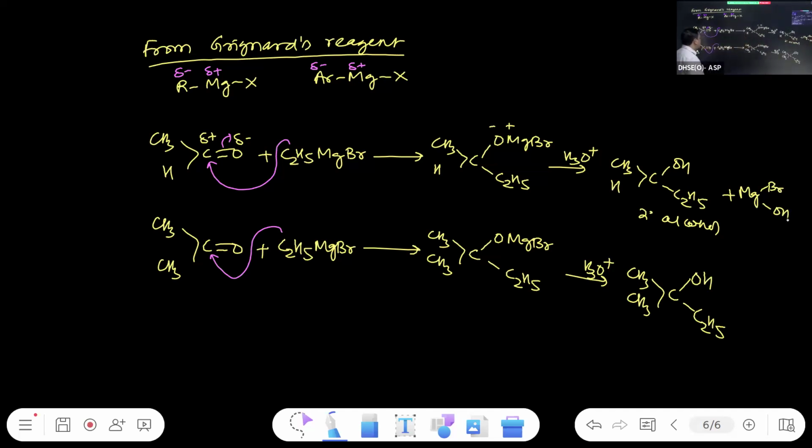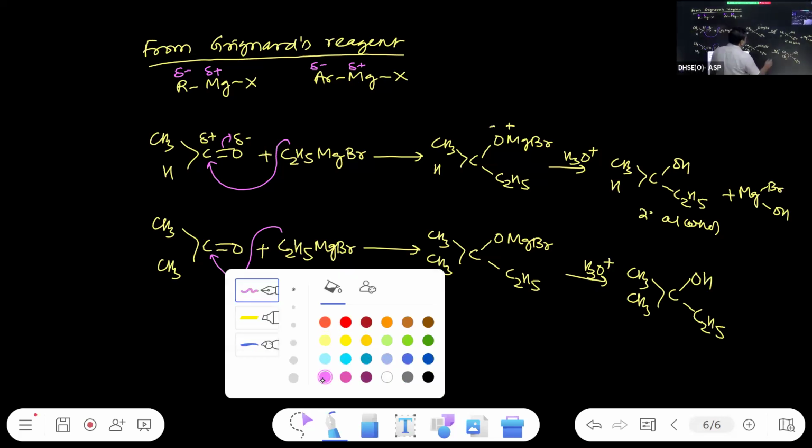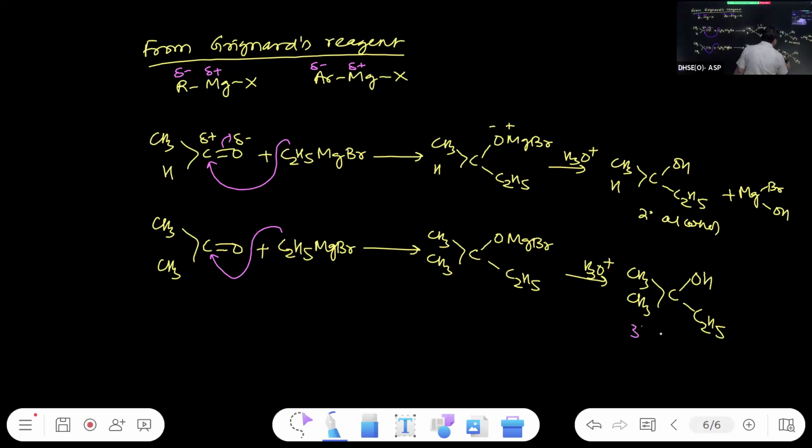As a result of this, this is secondary alcohol. This is tertiary alcohol.